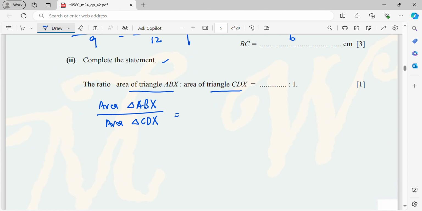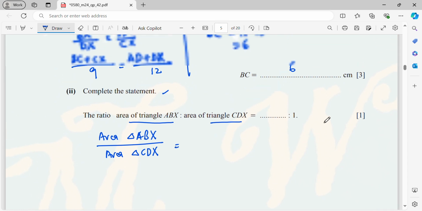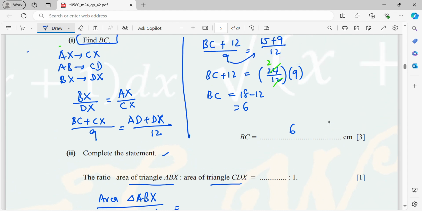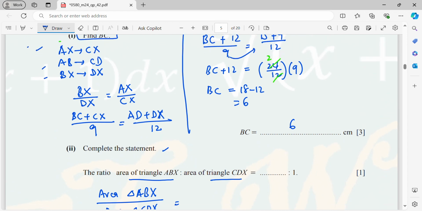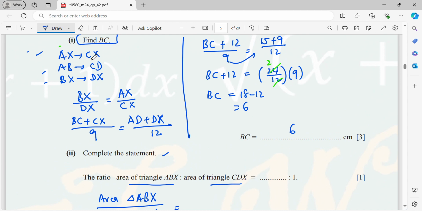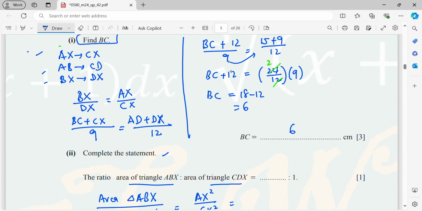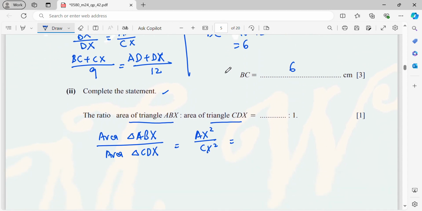Since this is area, we have to refer to the corresponding sides, but then you have to square it. We have found 3 pairs here basically. So I will say AX squared over CX squared. You may use that side. Or this is the same as AB squared over CD squared.